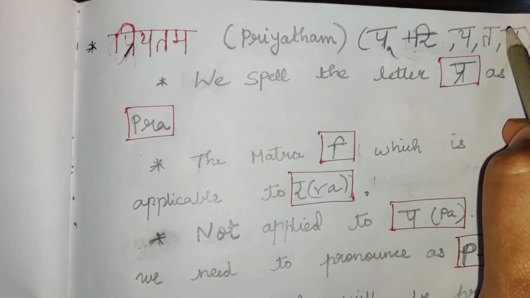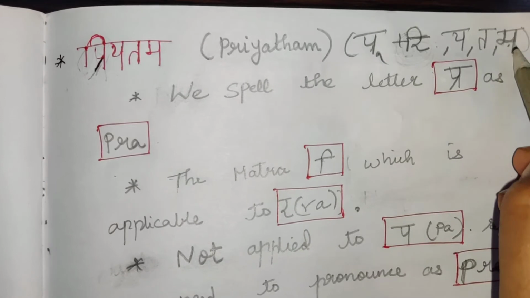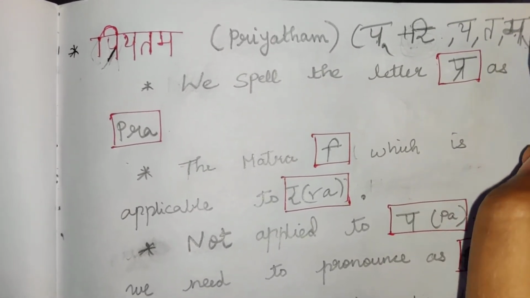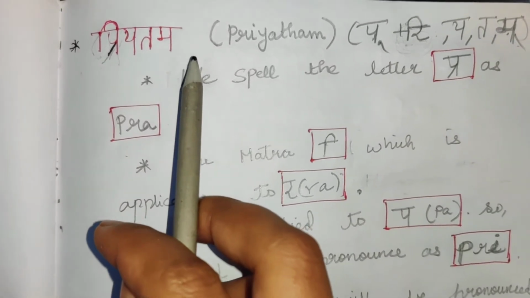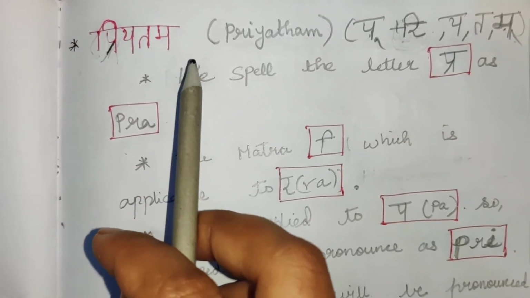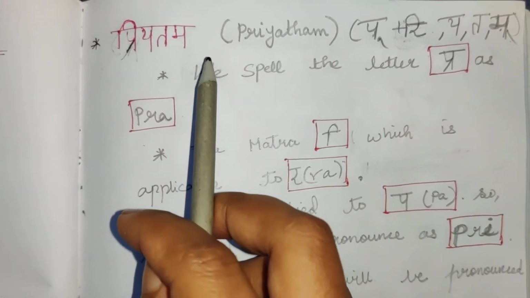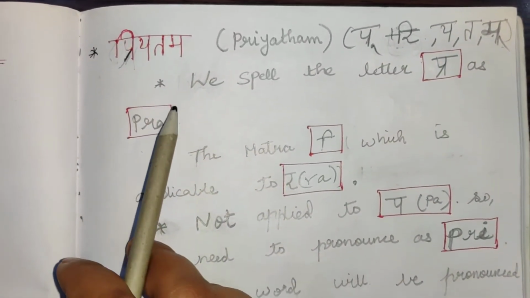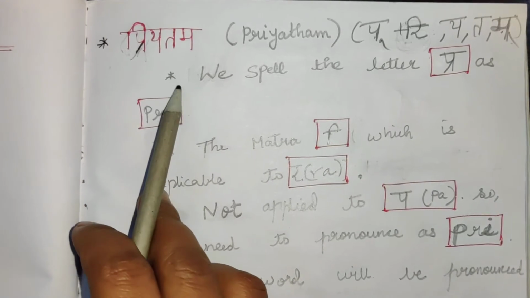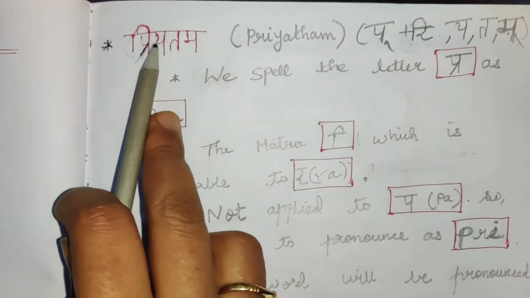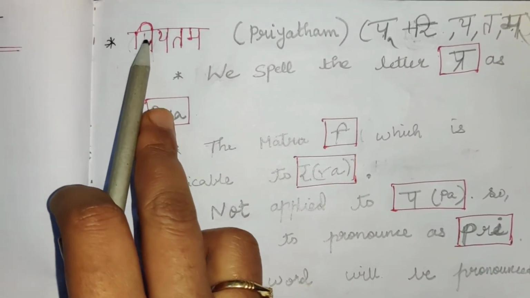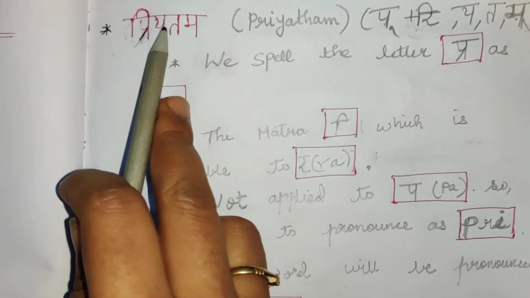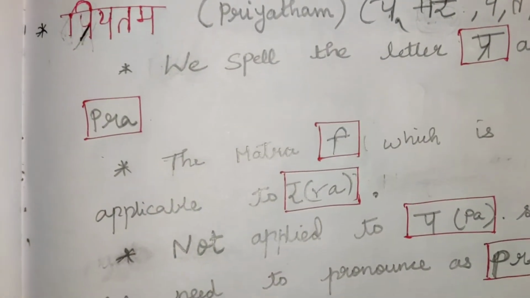This is Ma. As I told earlier, whenever it is an ending letter, you have to sound it with a half letter; 95% of Hindi words end with a half letter, so note that also. Here we spell the letter Pa as a half letter, and for Ra only this matra is applicable, as Re. So, Priyatam. It will be like this.